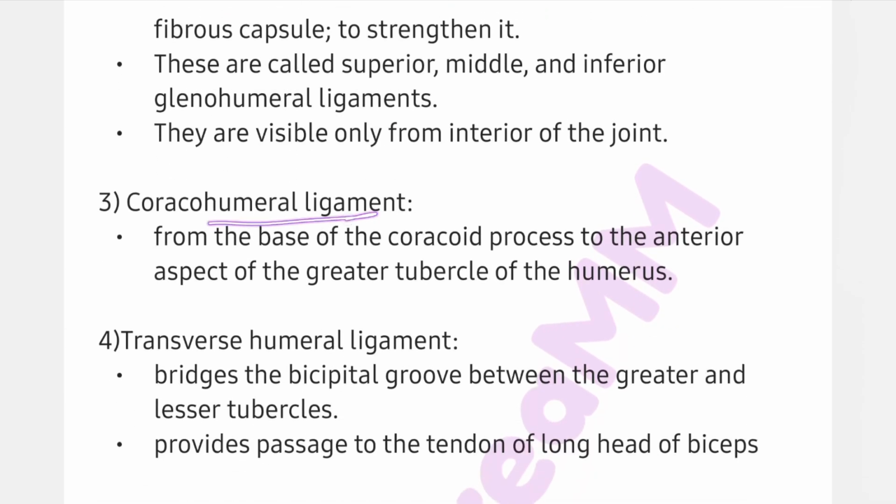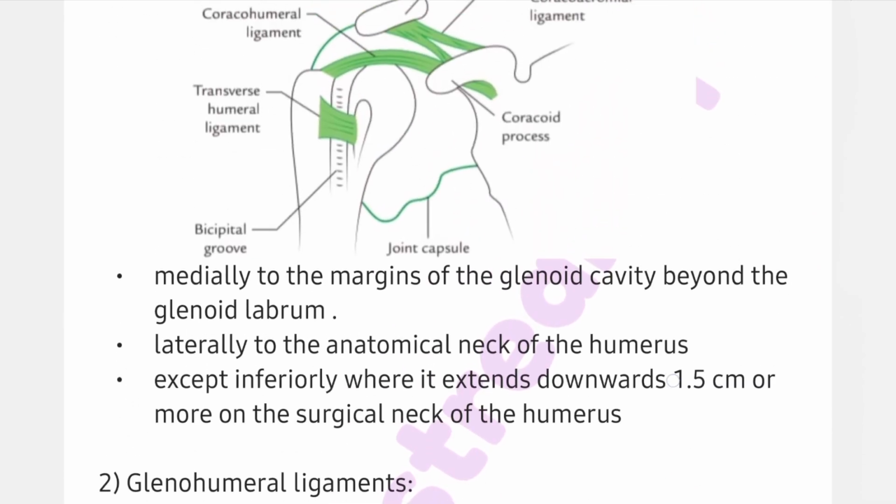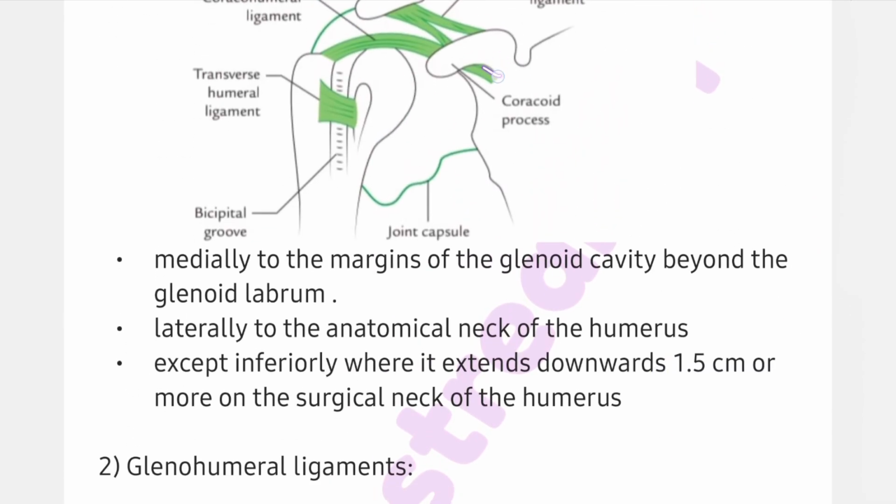Next you have coracohumeral ligament. From base of coracoid process, it is going and attaching to greater tubercle of humerus, anterior aspect of greater tubercle of humerus.